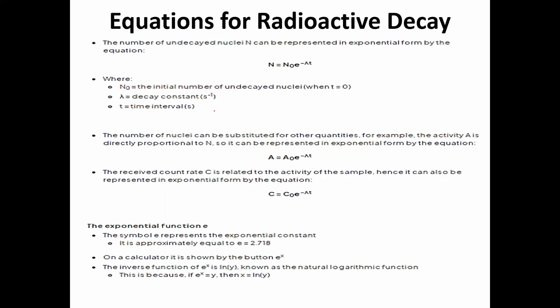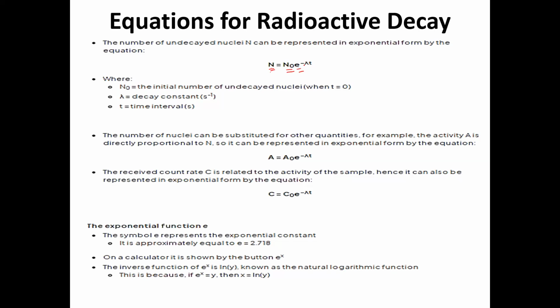So mathematically, what is the formula representing radioactive decay? Here n stands for the remaining number of undecayed nuclei, that is, how many nuclei are still left that have to decay. What is n naught? N naught is the initial number of undecayed nuclei. Then e is an exponential function.